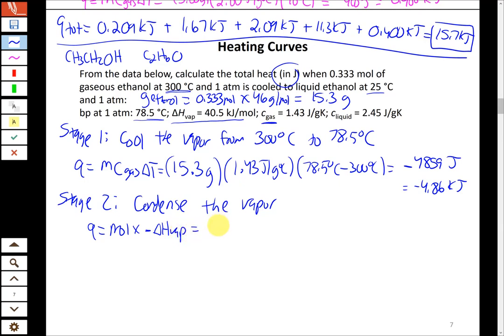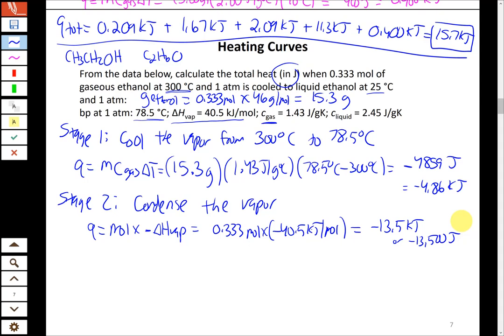So again, that's where the signs are going to be crucial. So it's going to be 0.333 moles, and then negative delta H of vaporization is minus 40.5. And that's going to be minus 13.5 kilojoules, or minus 13,500 joules.